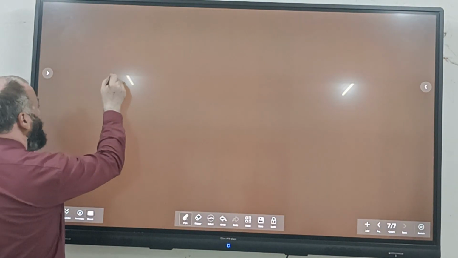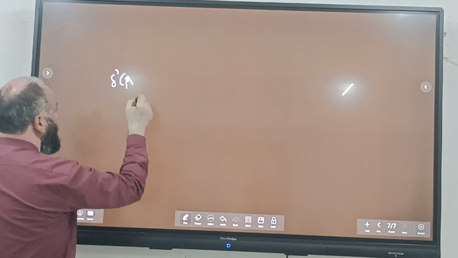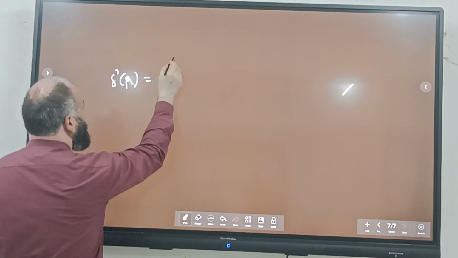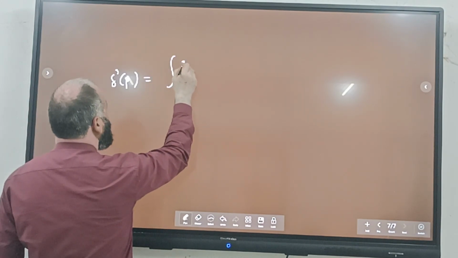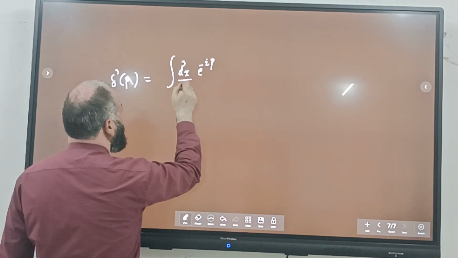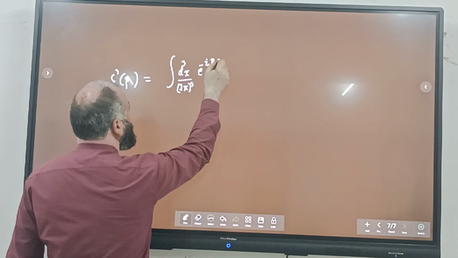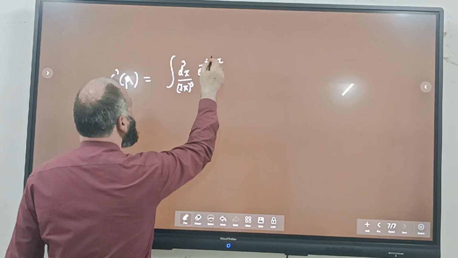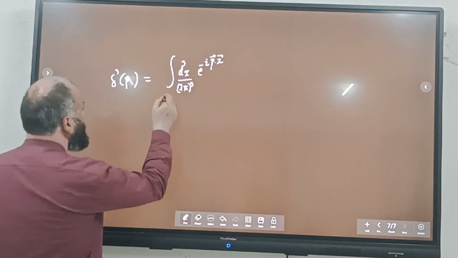My delta function is usually like this. Let me write delta 3 of p. It is an integration over volume, d3x e raised to the power minus i, I think 2 pi, p dot x, over some volume.